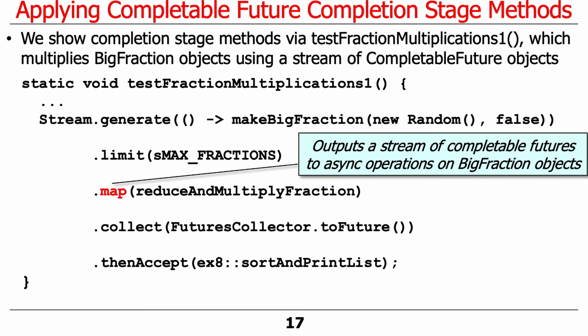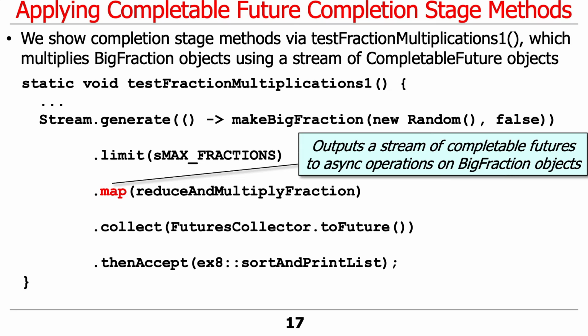So what happens when we do this? The input to map was a stream of random, gigantic, unreduced big fractions, and the output of map will be a stream of completable futures to big fractions, running asynchronously in the background, doing the reduction and multiplication.